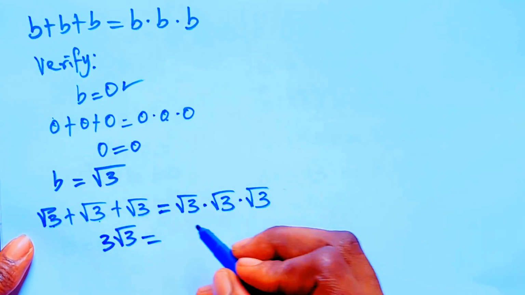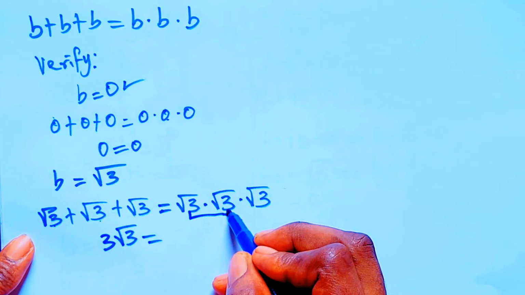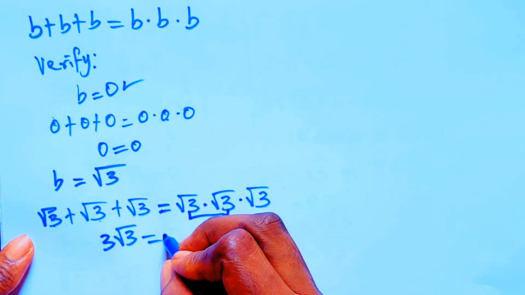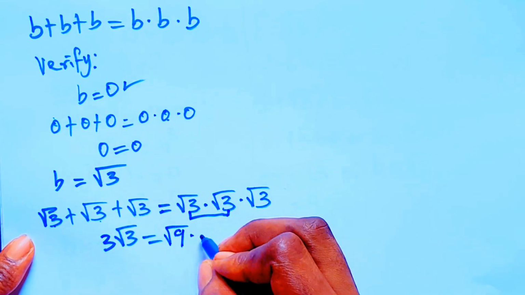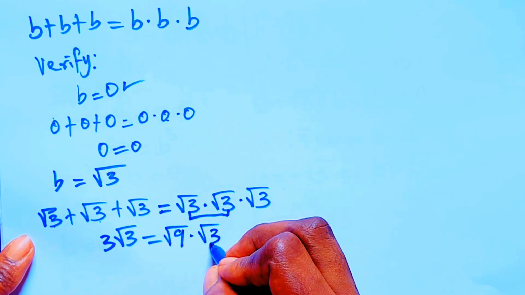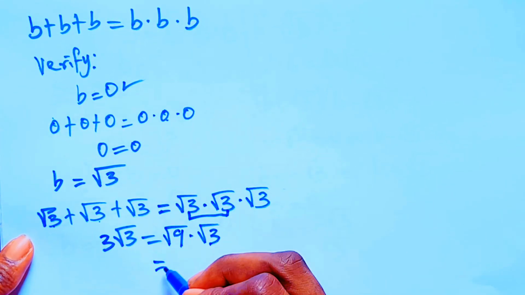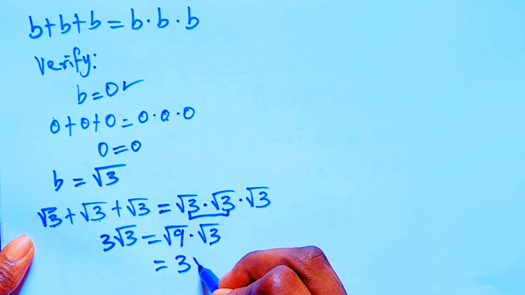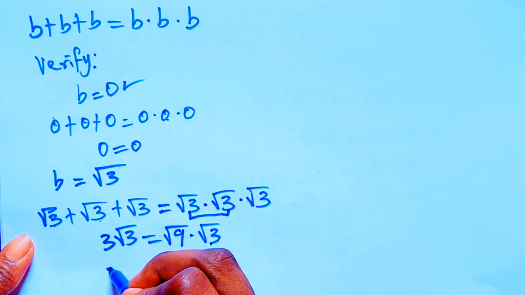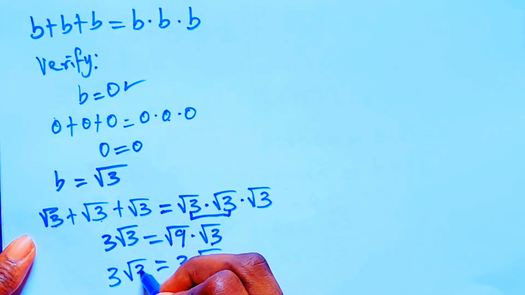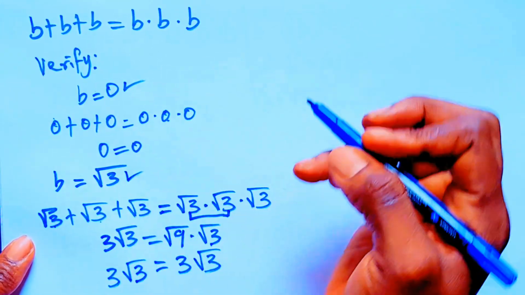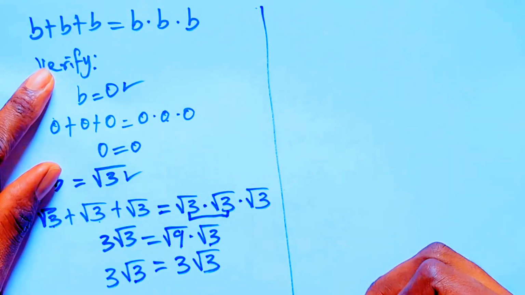And the right side: square root of 3 times square root of 3 will give us square root of 9, times square root of 3. Square root of 9 equals 3. So we have 3 square root of 3. So the left hand side equals the right hand side. This one as well satisfies the given equation.